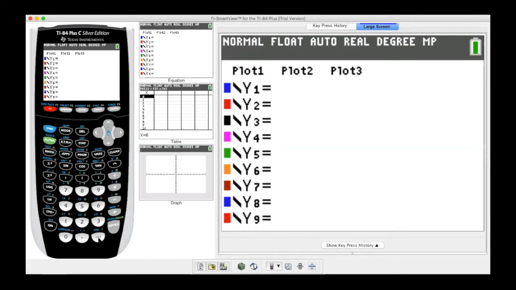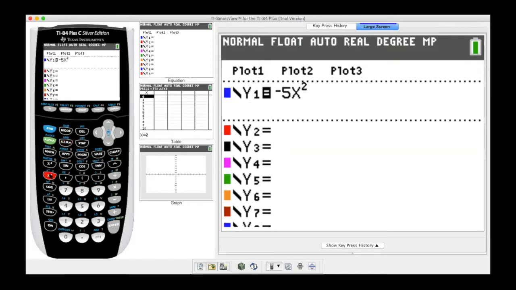And I need to put in negative 5x squared. Notice that I'm modeling pressing the buttons just like you would, plus 60x plus 2, okay? That was the function we were using to model the height of the rocket. Now I'm going to hit graph and see what happens.